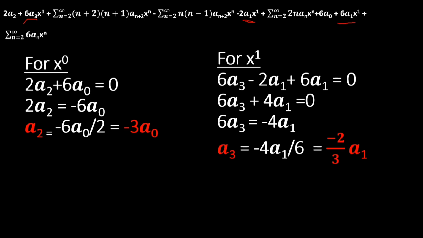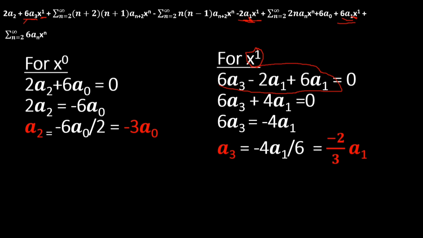So what is the coefficient of x raised to the power of 1 here? It is 6a subscript 3. While the coefficient of x raised to the power of 1 here is minus 2a subscript 1. And coefficient means beside, so what is beside it? We have 6a subscript 1. So I bring the three of them out here, just as you can see here.